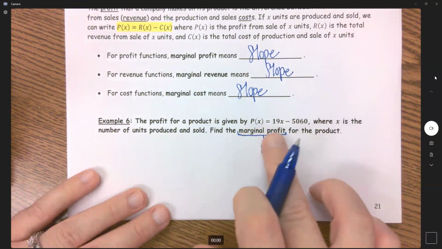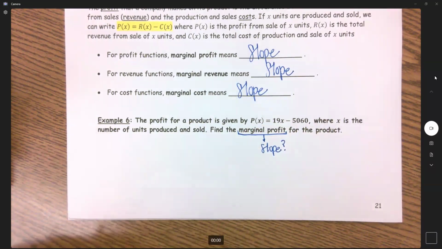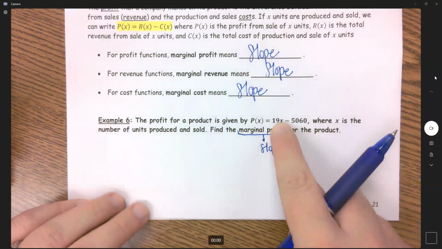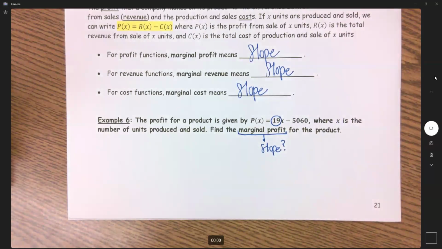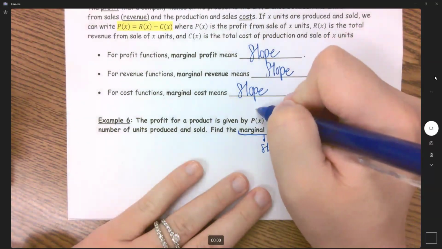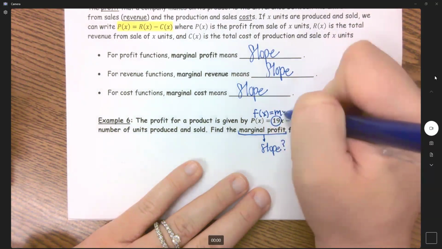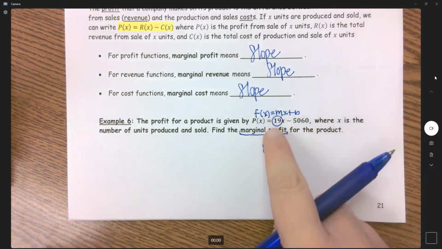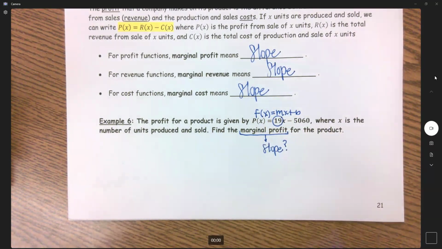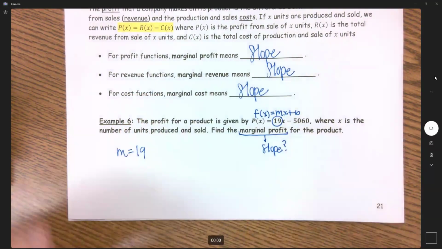If I have P(x) = 19x - 5,060, what is my slope there? My slope is that 19, right? Slope is whatever is in front of that x. This is the same as f(x) = mx + b, so that m is what's in front of the x. So my m is 19.